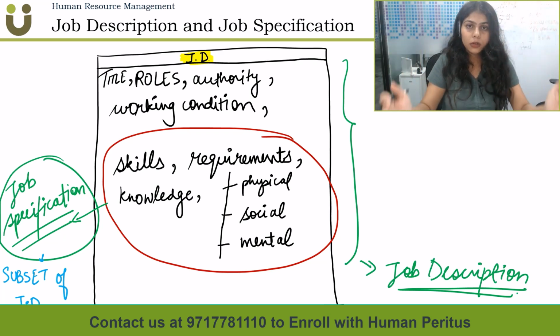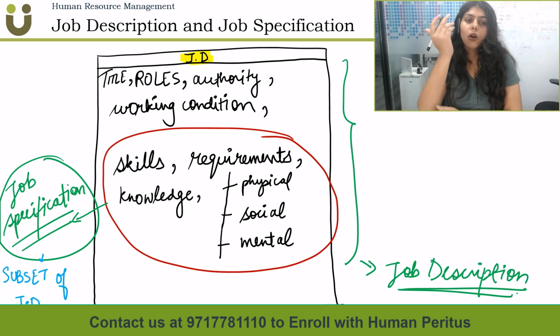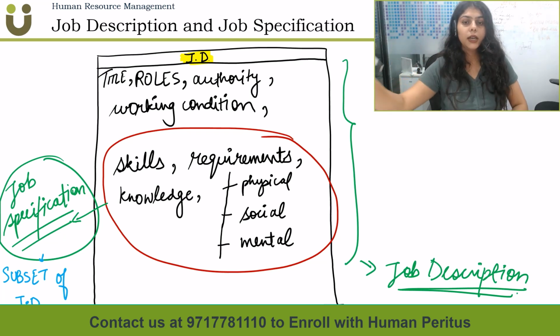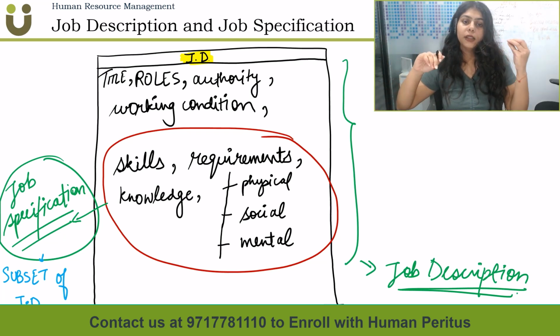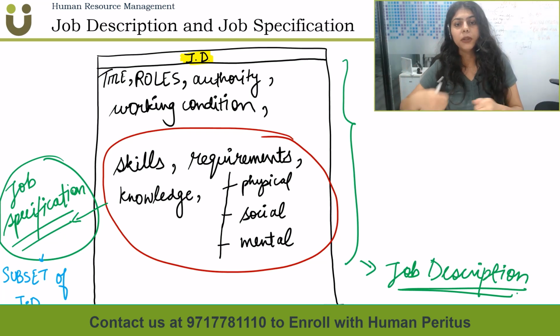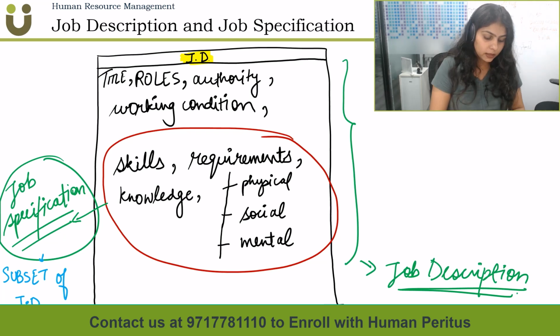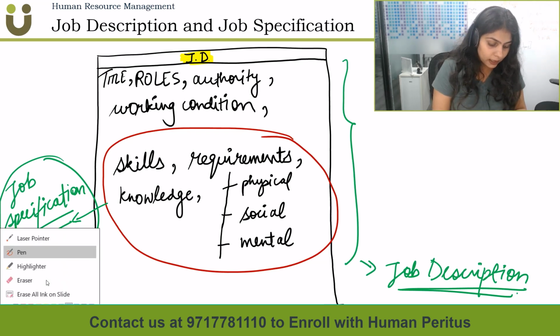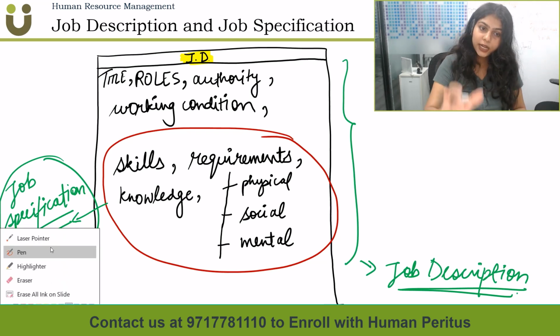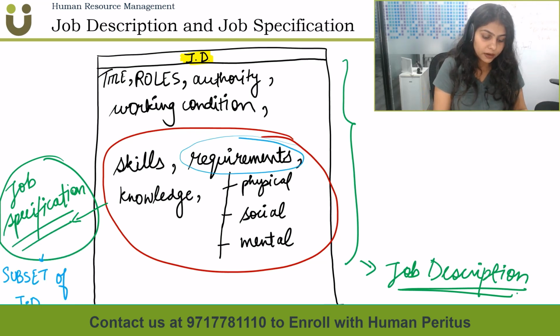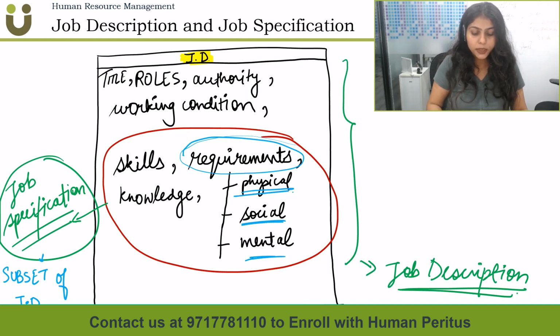The whole outline of everything, all the study and everything that is required, from roles and responsibilities to duties, is mentioned in the JD, but a specific part of the JD will consist of requirements. So what could be the physical requirements, the social requirements, the mental requirements?